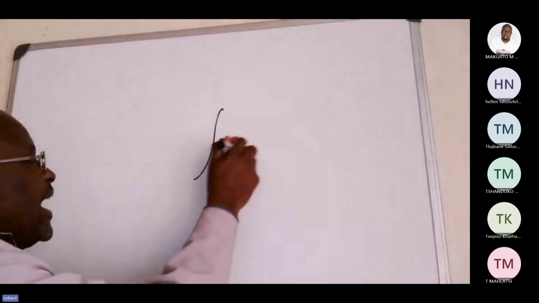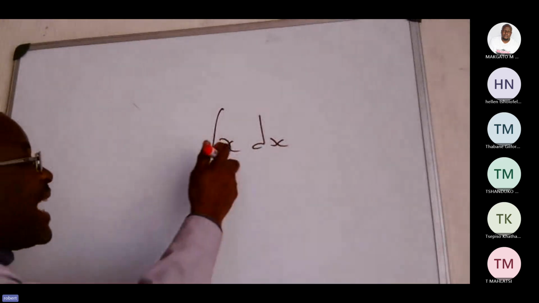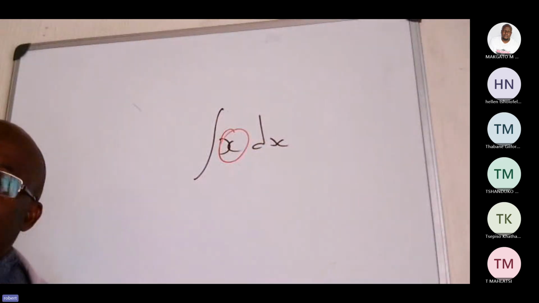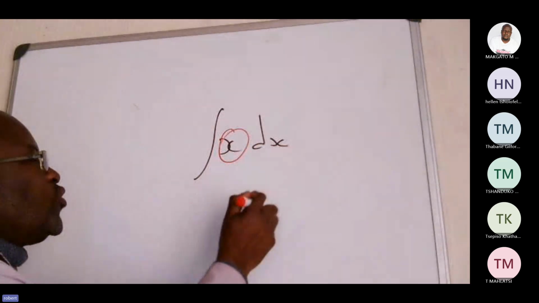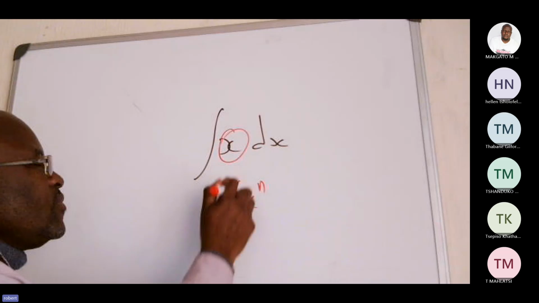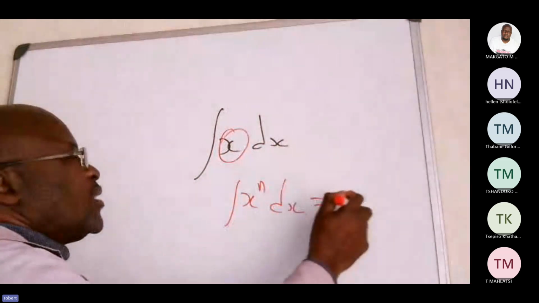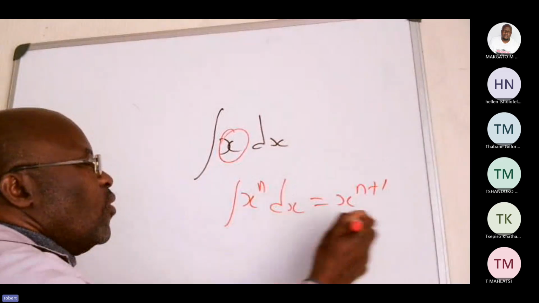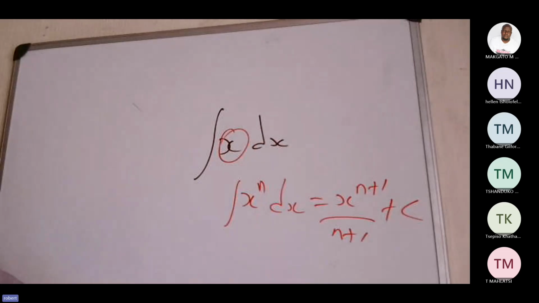We have said in some instances, yes, it will be very simple to integrate something because it will be standard, like saying integrate x with respect to x. This integrand x is simple because here it's got what? A standard formula, which will be x exponent n plus 1 over n plus 1 plus c, provided n is not -1.